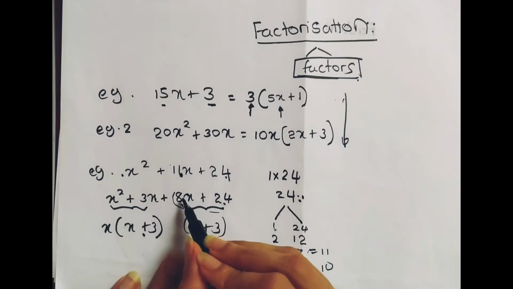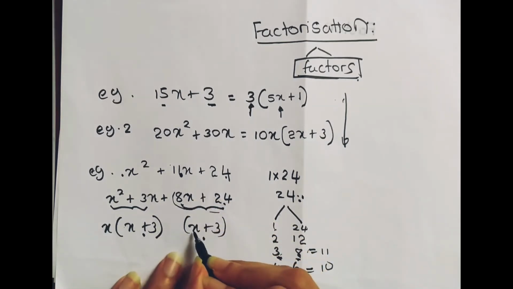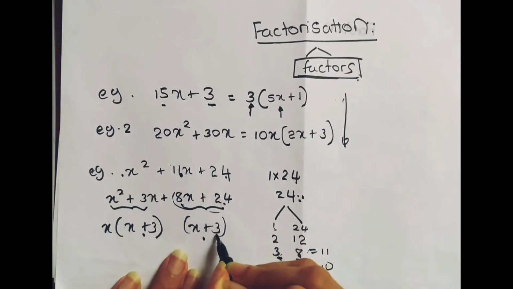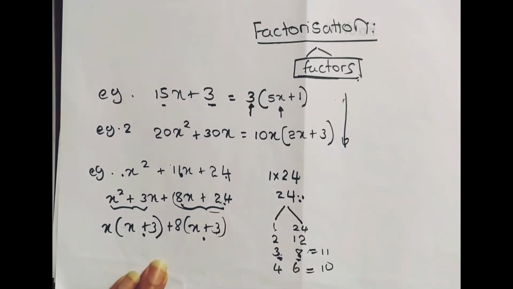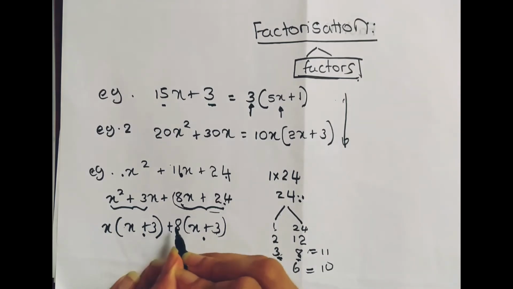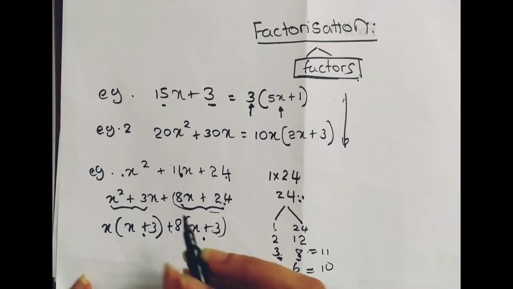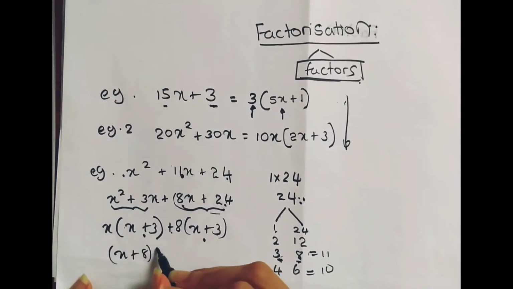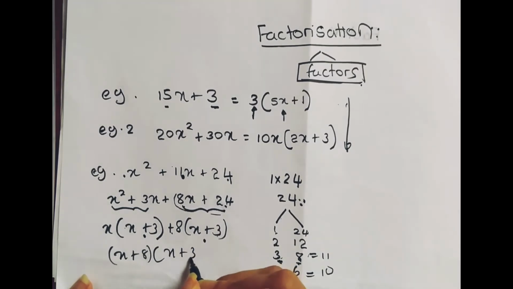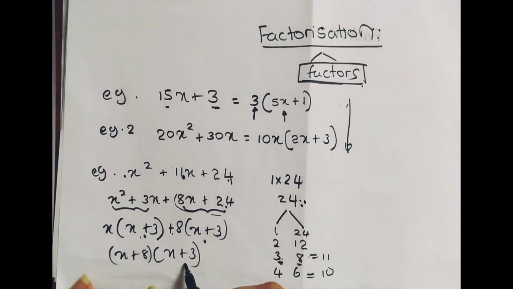So if I take 8 out, 8 into x is 8x, 8 into 3 is 24, yes. Then I am going to write here plus 8. So you have to remember to put the plus sign here, or if it is negative, you have to put the negative sign. Then I am going to write x plus 8 into x plus 3. So I take this as one factor and this as the other.